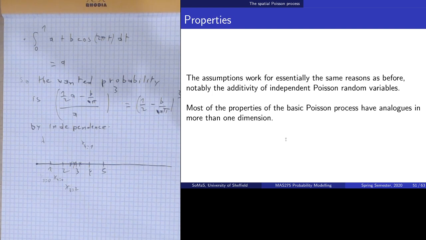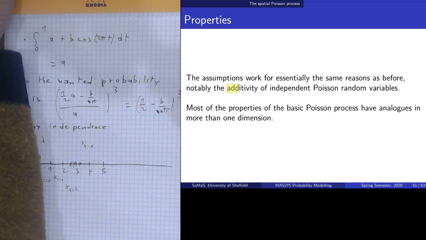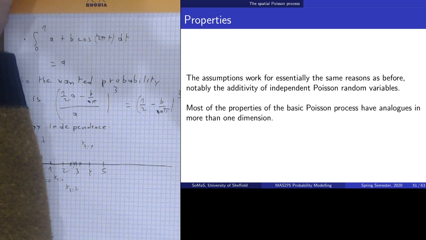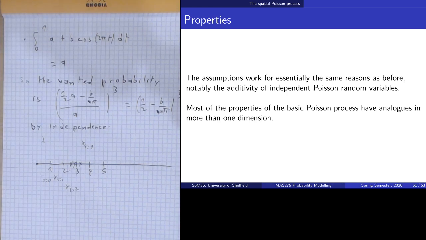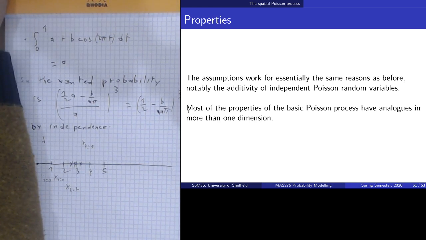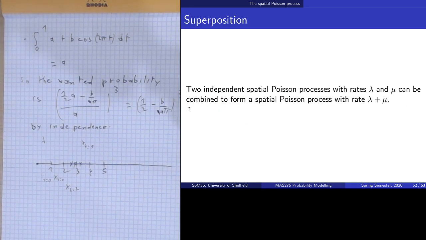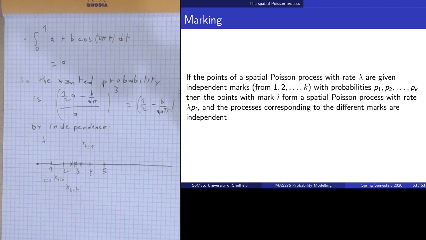Things fit properly because we have the additivity property. So if I take 2 sets which don't intersect, I can add up the corresponding Poisson variables, and I'll get a Poisson variable with bigger parameter because of independence. And yes, most of the things generalize. For example, we can superpose. So if you add up 2 independent spatial Poisson processes, you get a spatial Poisson process, and its rate is the sum.